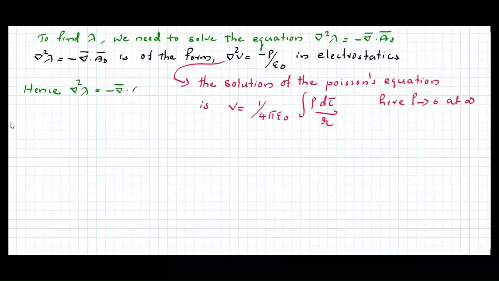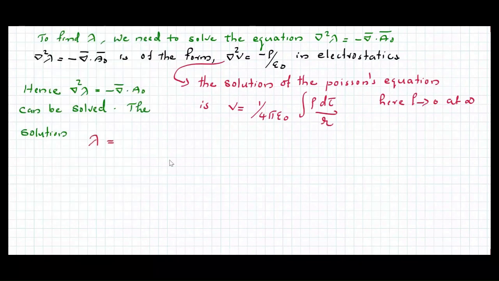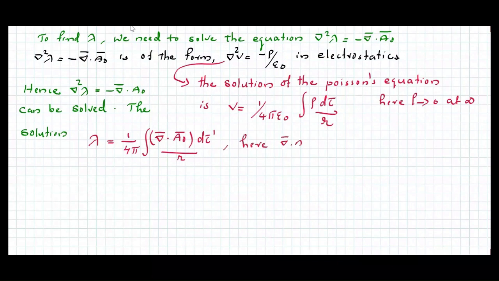Now our equation del square lambda equal to minus del dot A0 is of the form of Poisson's equation in electrostatics, so this equation can be solved in the same way. The solution is lambda equal to 1 by 4 pi integral del dot A0 by r d tau.